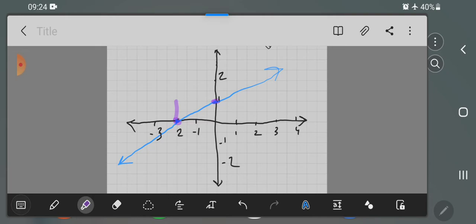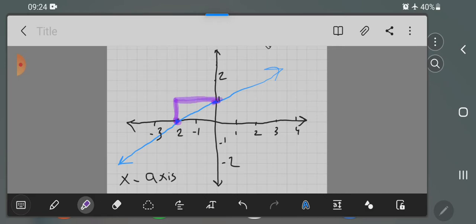Here is the point on the y-axis. And then run, going to the right. Again, one more time: start with the x-axis, going up till we see the point on the y-axis.